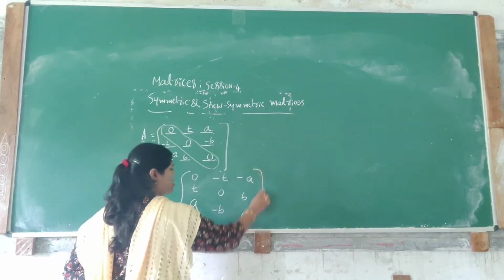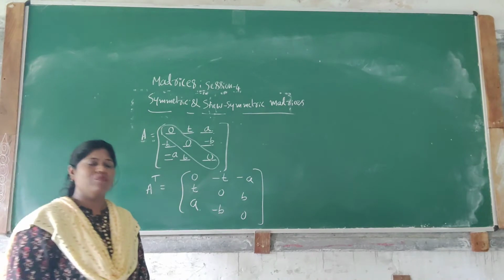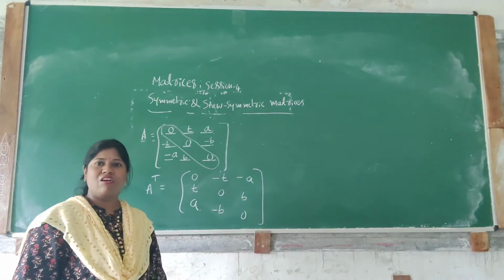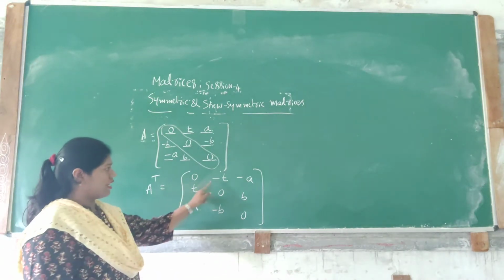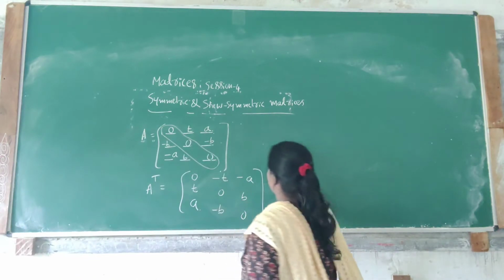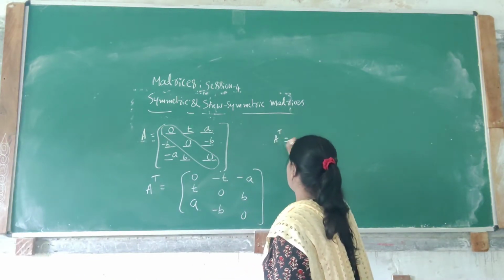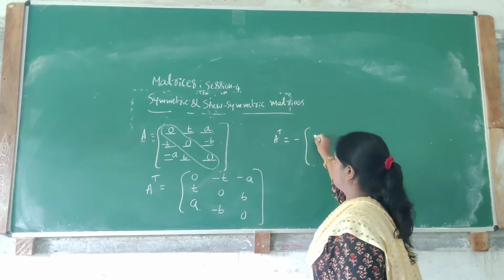Are both the matrices the same here? Just check it. No, both the matrices are not the same here. How to show A dash is equal to minus A? If we take minus as common, what will be next? A transpose is equal to, taking minus as common, 0.